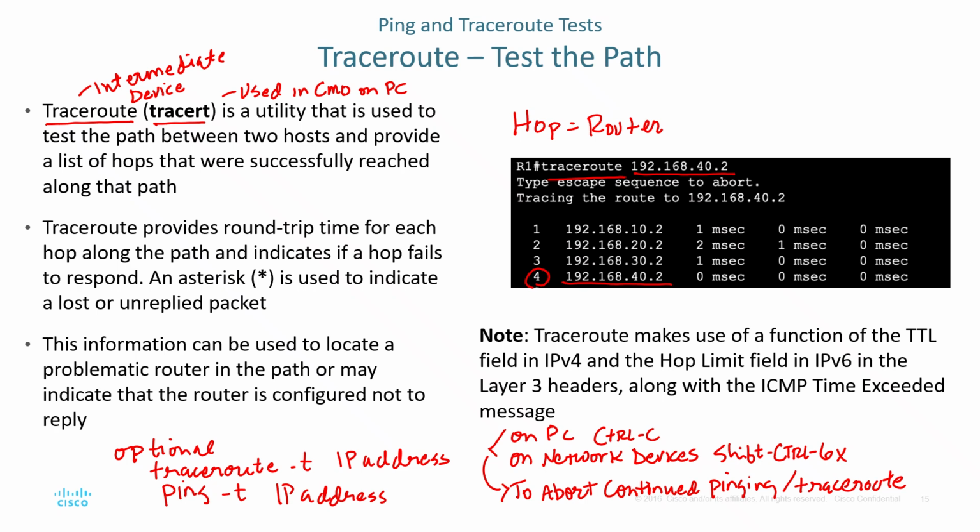So if it reaches the first router, then that's the first entry. Next time out of the gate, you will get a TTL of 2. TTL 2 will stop at 1 and then go on to 2, and then that will be your next entry. And for the third router, you would have a TTL of 3. So this is how traceroute builds this list.